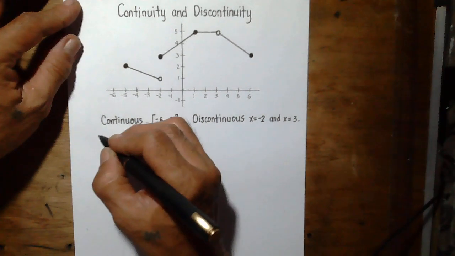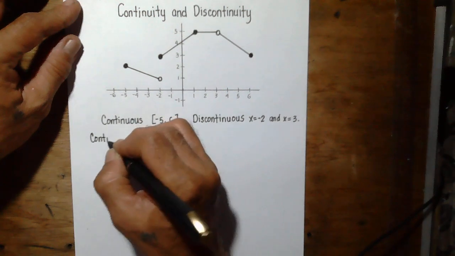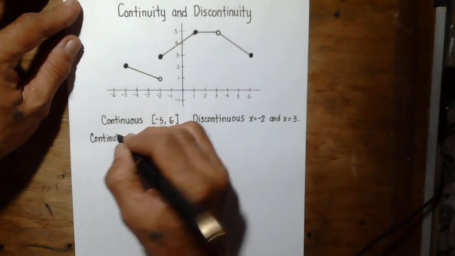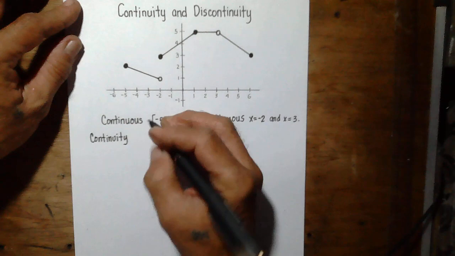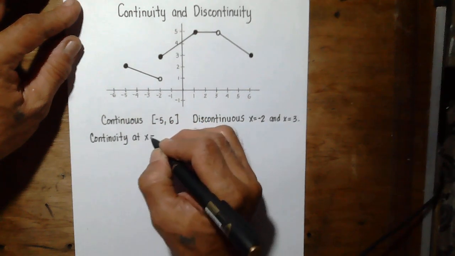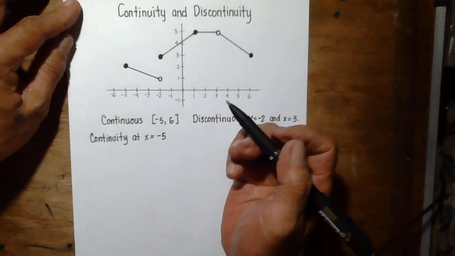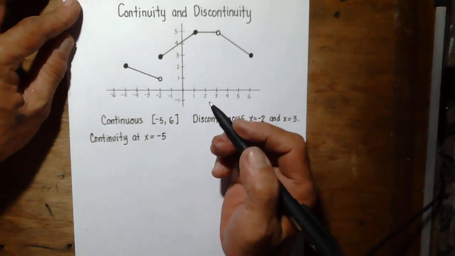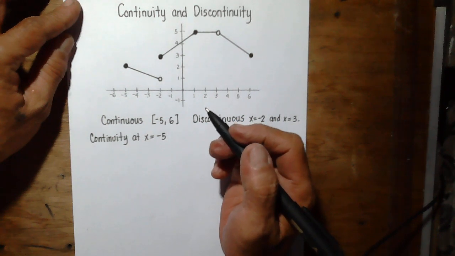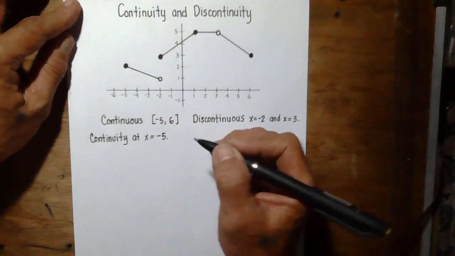Now, continuity when x is equal to -5. Why is the function continuous at x equals -5?